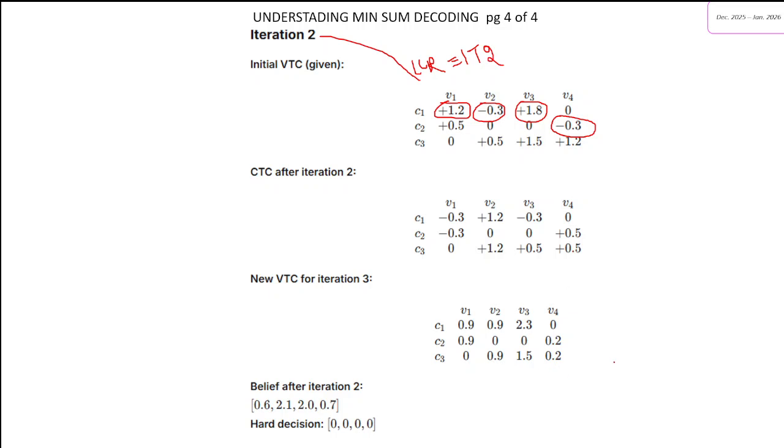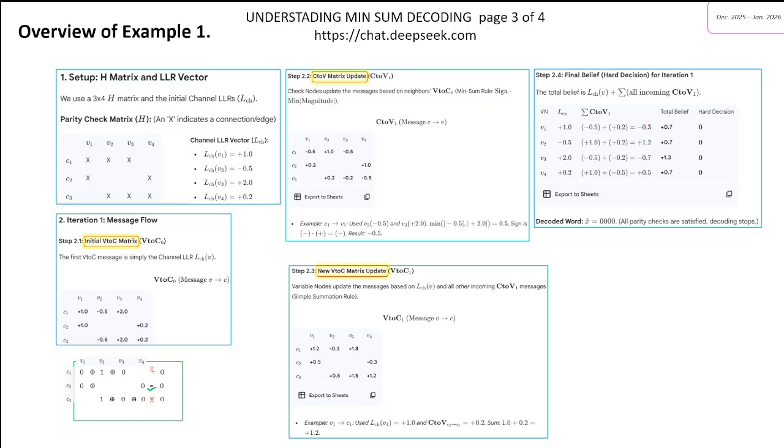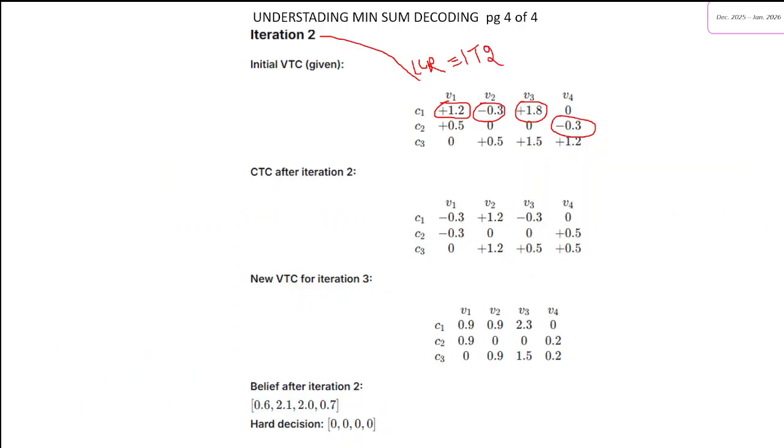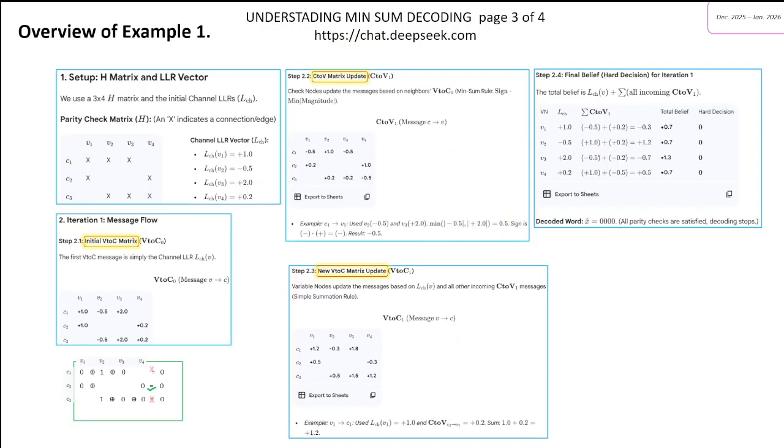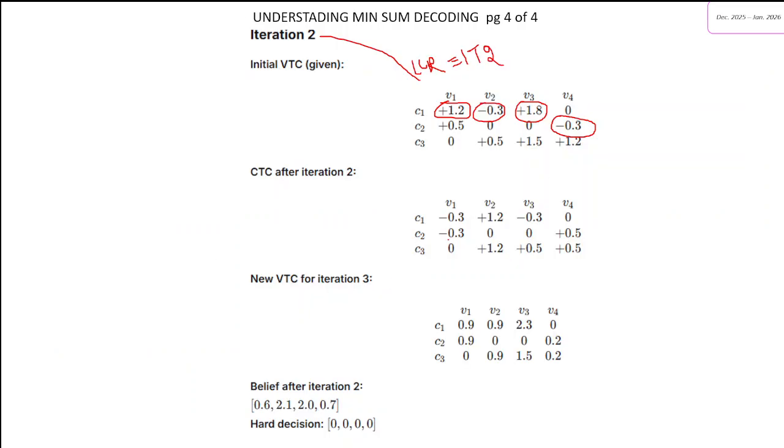So this is correct, and this is how iteration 2 ends, exactly in the same fashion as iteration 1 has been done. And after reaching this part, if we want to stop at iteration 2 and do not want to proceed to iteration 3, we can estimate by hard decoding what we have. Here hard decoding is done by summing up these columns with these LLRs.